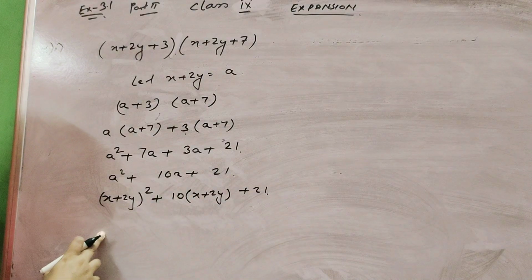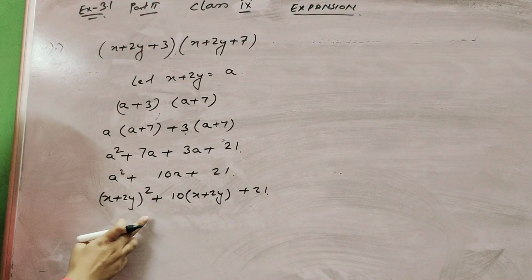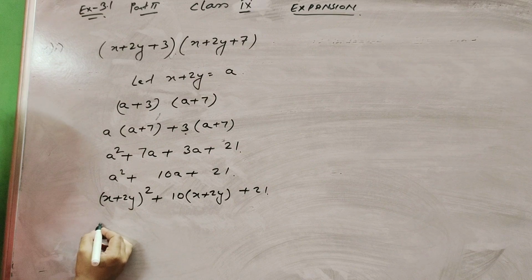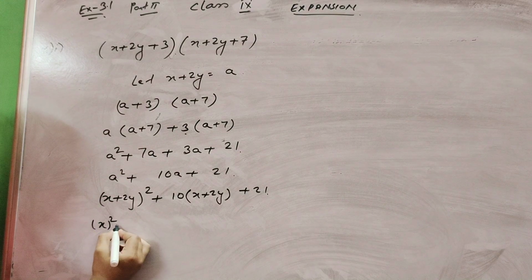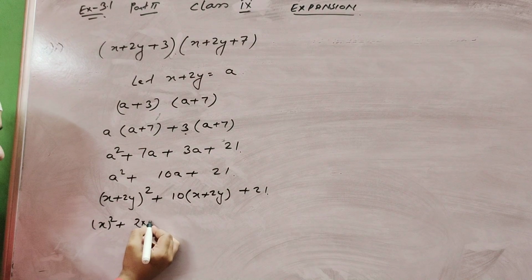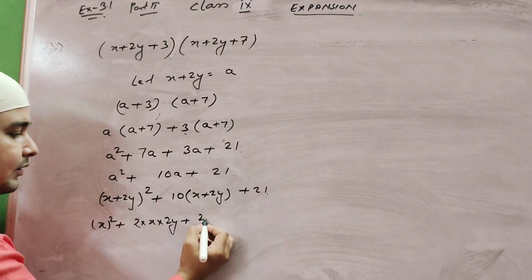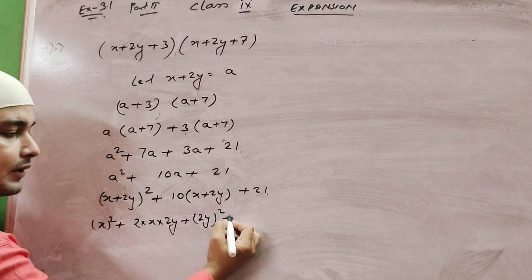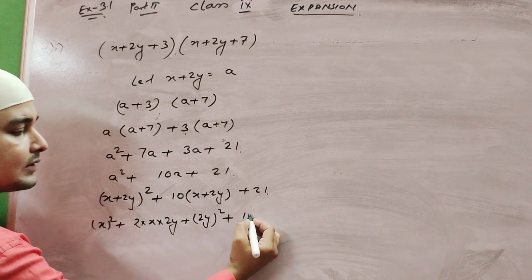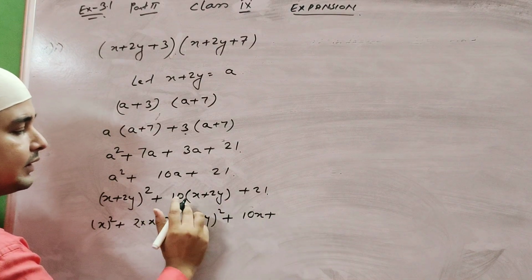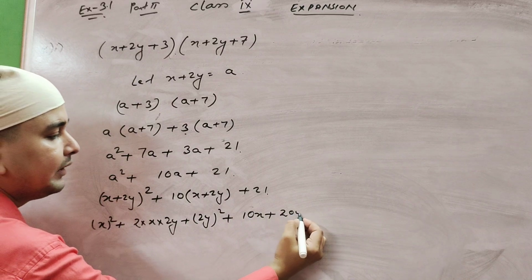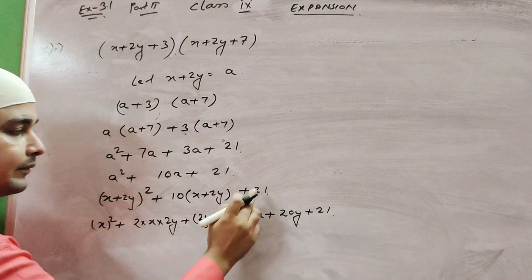Now we open the bracket, this is a plus b whole square. So the formula a plus b whole square is a square plus 2 into a into b plus b square. Clear? 10 into x, 10x, plus 10 into 2y, 20y, plus 21.